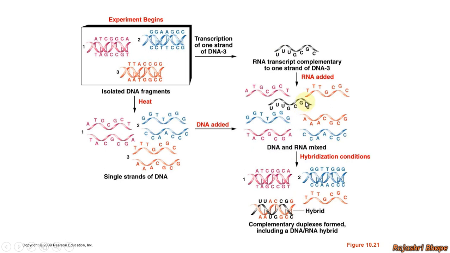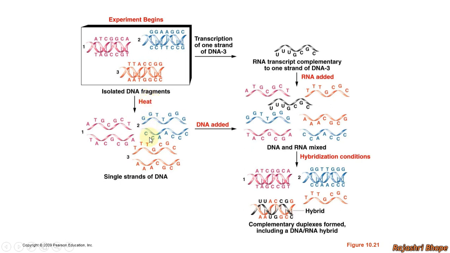Since this black colored one is complementary to this red one, it can form a double strand with this molecule or with this RNA transcript. The complementary duplexes form, including this DNA-RNA hybrid. So this process is known as denaturation.